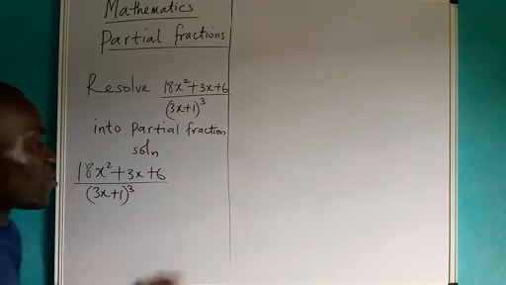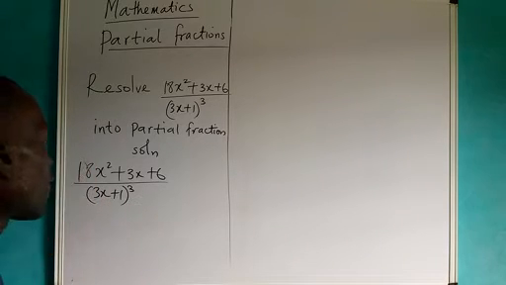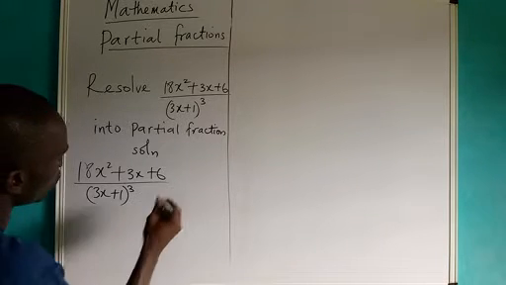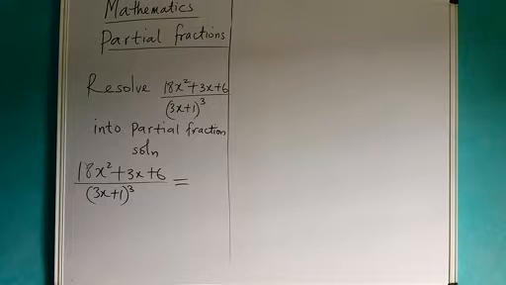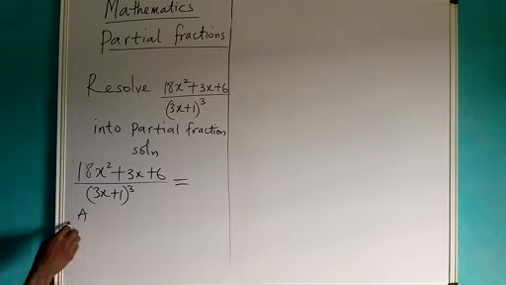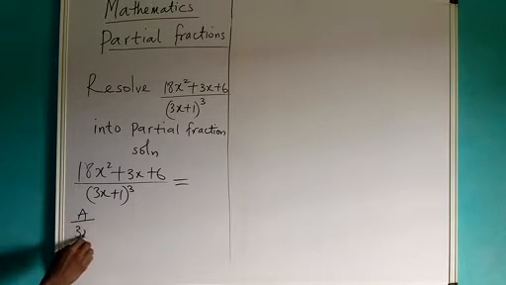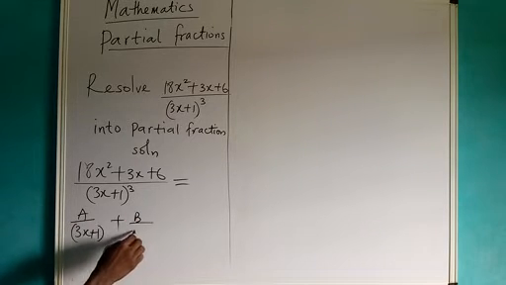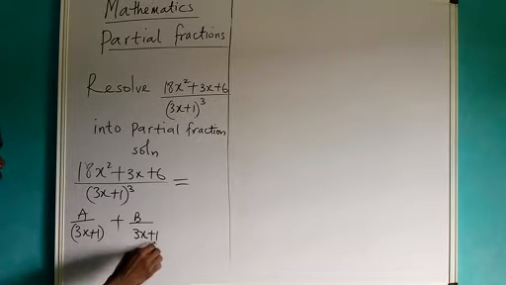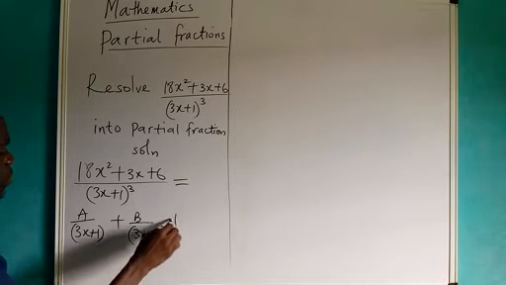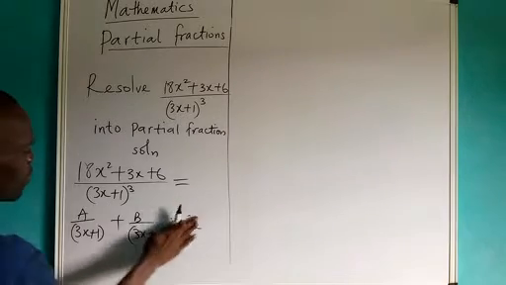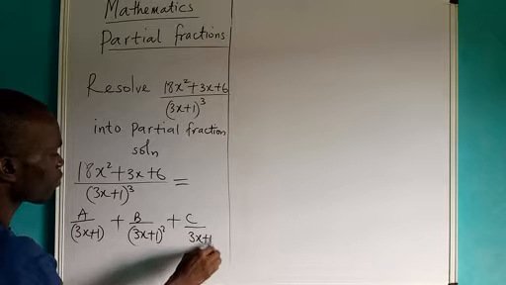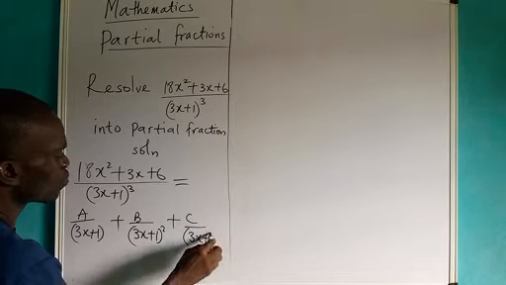To split this, it becomes A over (3x plus 1), plus B over (3x plus 1) squared, plus C over (3x plus 1) power 3.